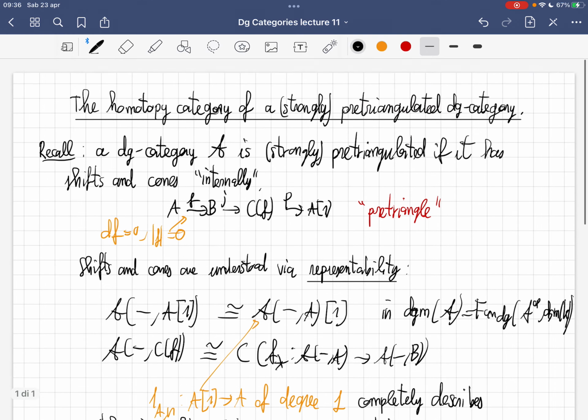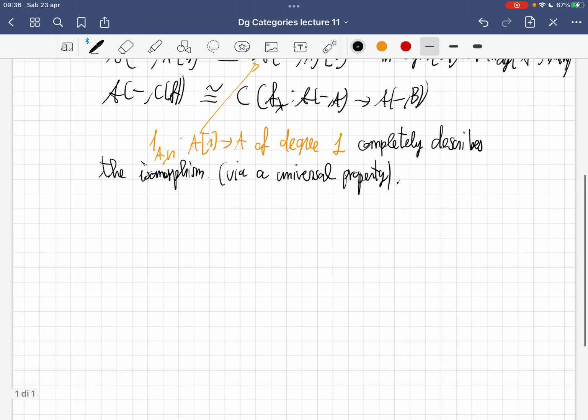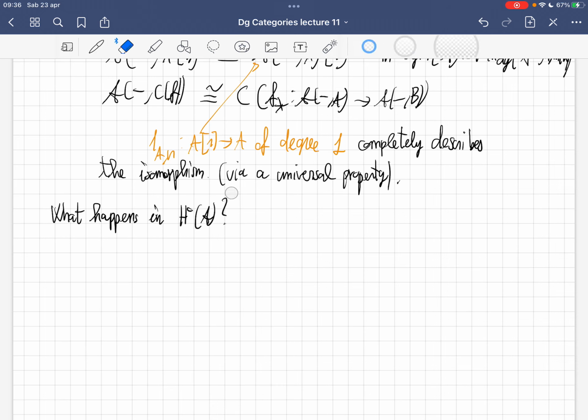Okay, what we are interested to do today is something a little different. Namely, we will take a look at what happens in the homotopy category with respect to the pretriangles.